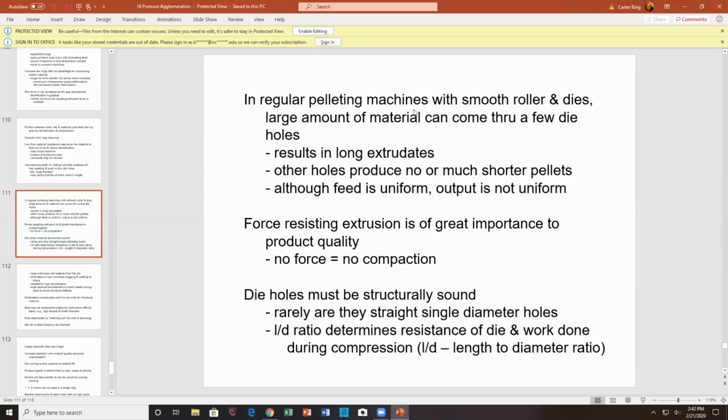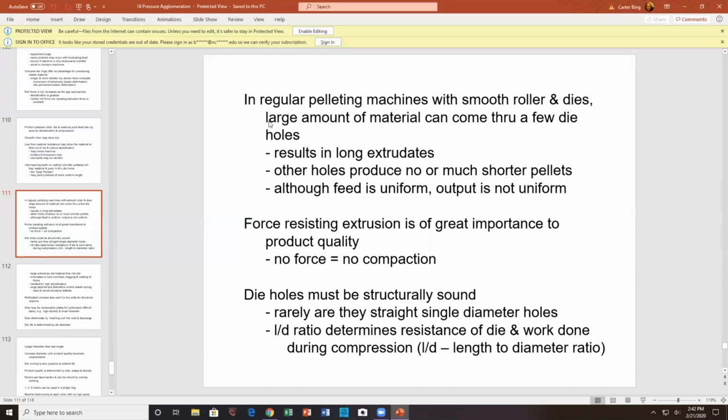In regular pelleting machines with smooth rollers and dies, a large amount of material can come through a few dies. Oh, geez. So you have a feed maldistribution. It's common. With a roll agglomerator, one that creates sheets, I have to worry about feeding the entire length of that roller consistently.